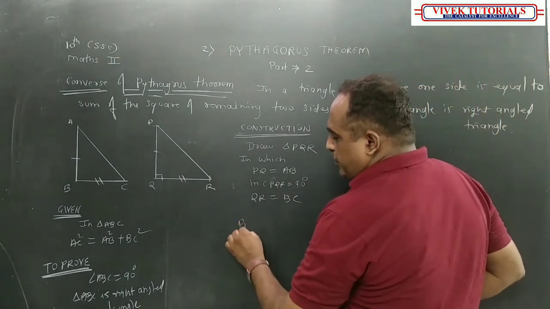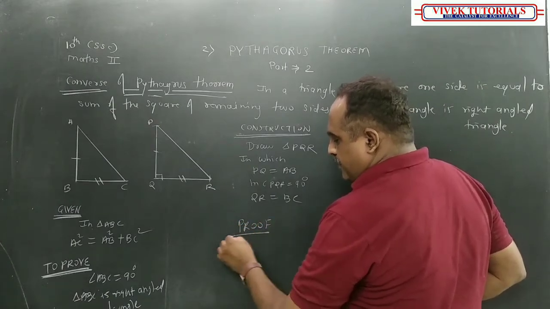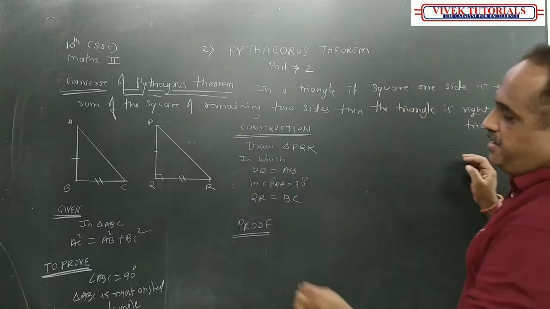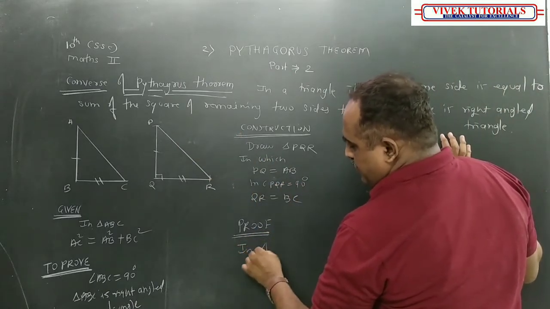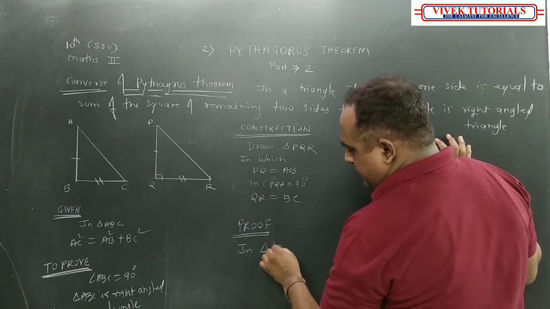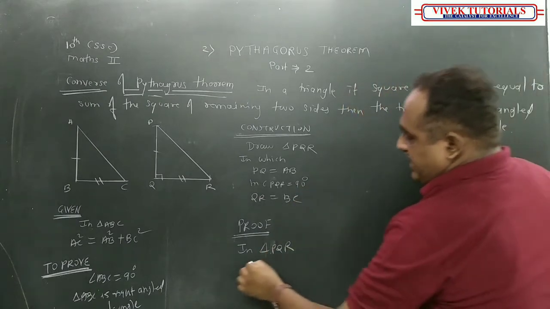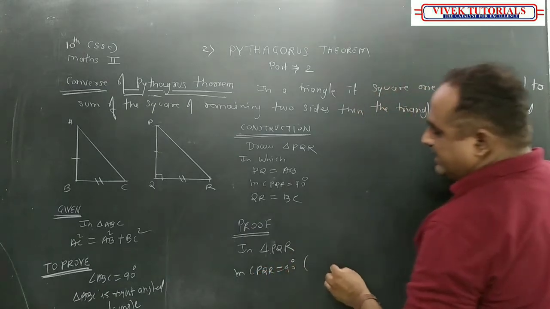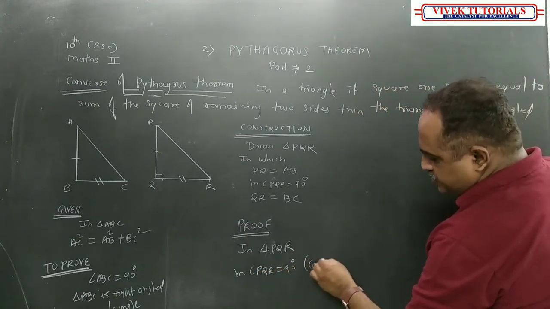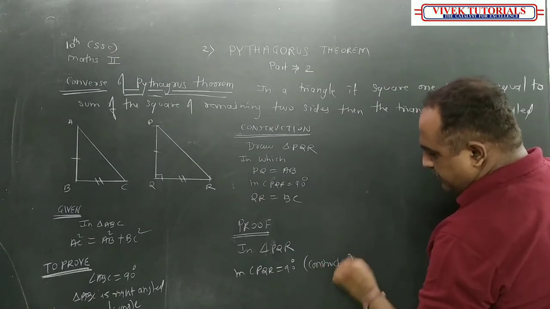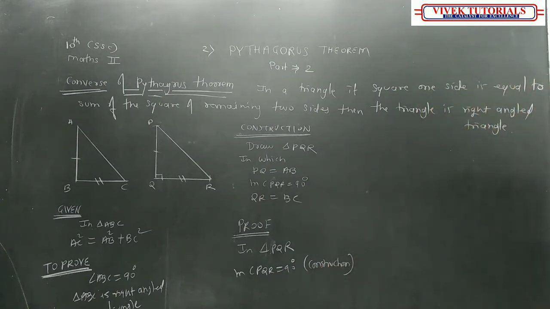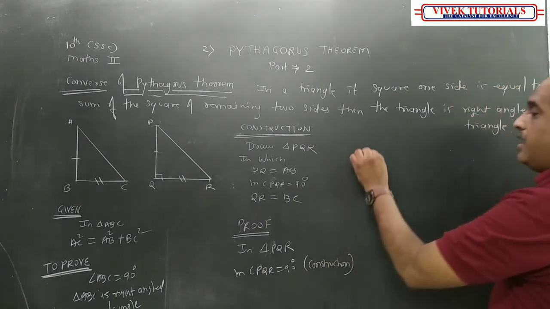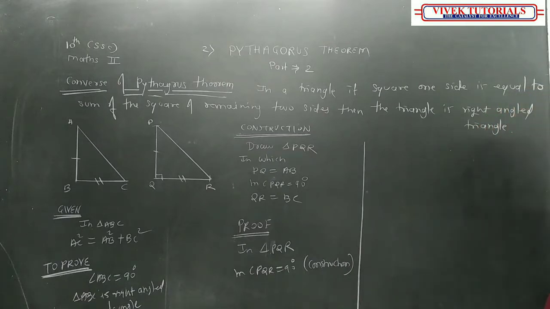Now we are going for the proof. Now we consider triangle PQR. Measure of angle PQR is equal to 90 degree. That is due to construction. Once it is 90 degree, I can apply the Pythagoras theorem.